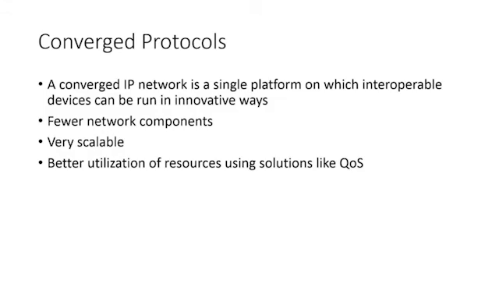All right, so converged protocols are outstanding. It is a better utilization of resources because we can use solutions like QoS, quality of service. So like in VoIP, let's go back to VoIP, the voice over IP. We have data connectivity inside of our office, inside of our organization, but we're also sticking VoIP traffic on the same line.